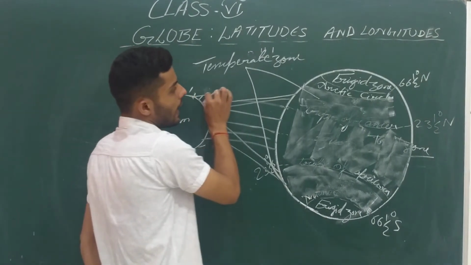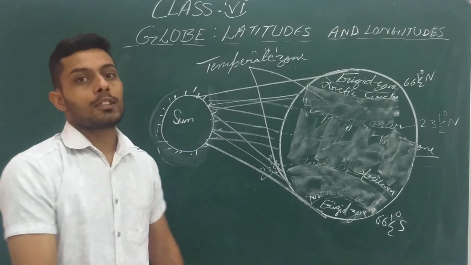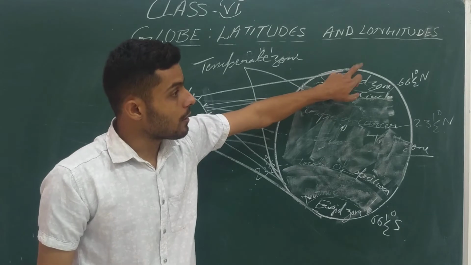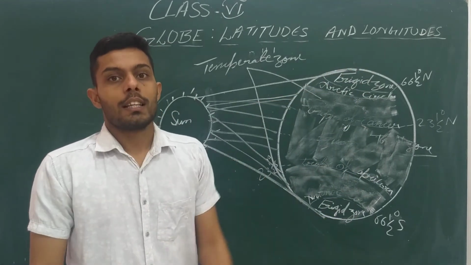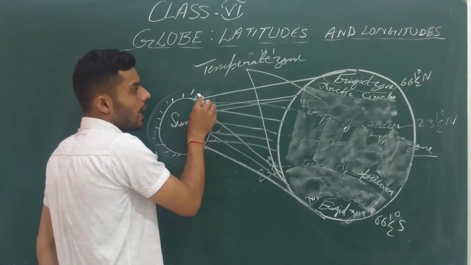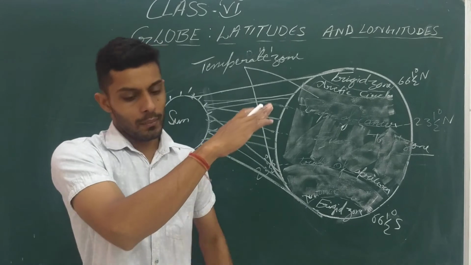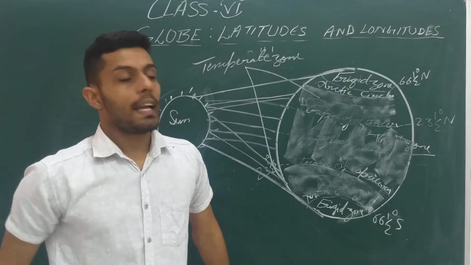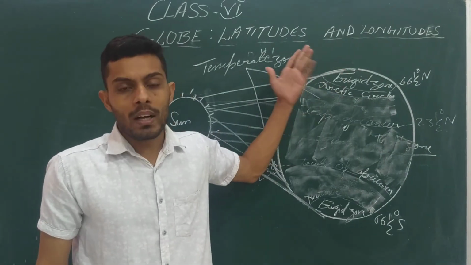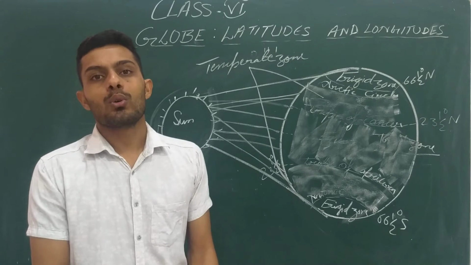Now, as we go towards the pole side of our earth surface, the sun rays have to travel a long distance due to the slanting. Like this they have to travel. So due to this, what will happen? The area will receive less and less heat.